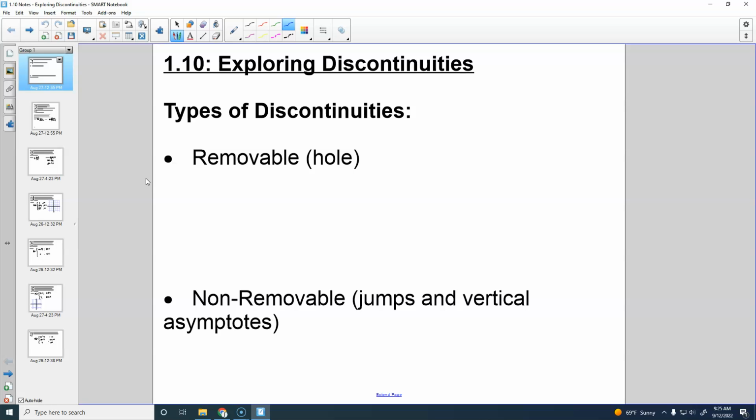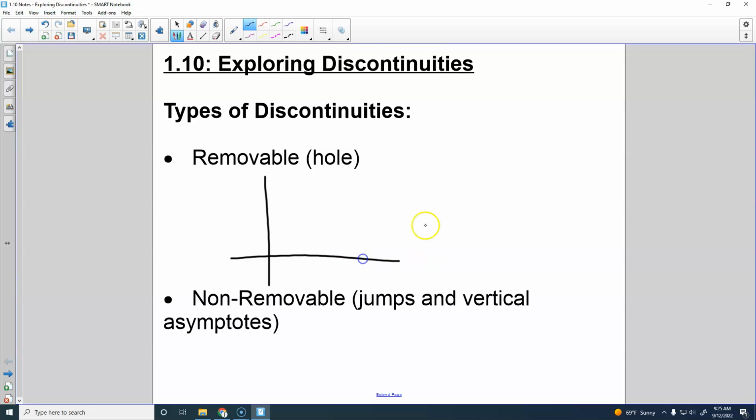So a removable discontinuity, if you're graphing it, is just a hole in your graph. It is called a removable discontinuity because we could fix it by putting one single point right there. If we just add a single point where we have that hole, we no longer have a discontinuity for this graph, right?